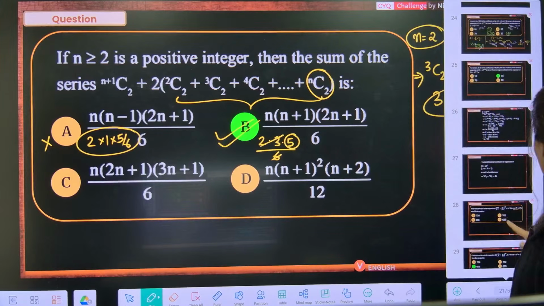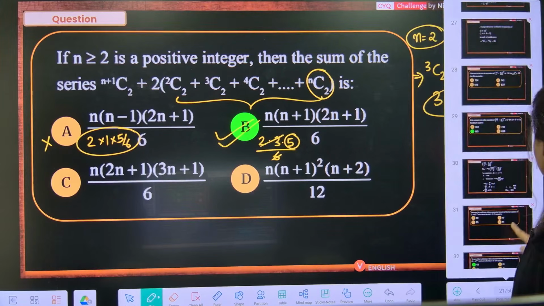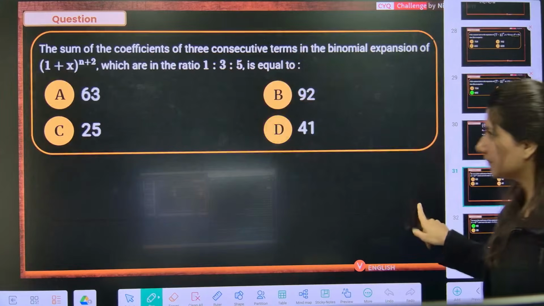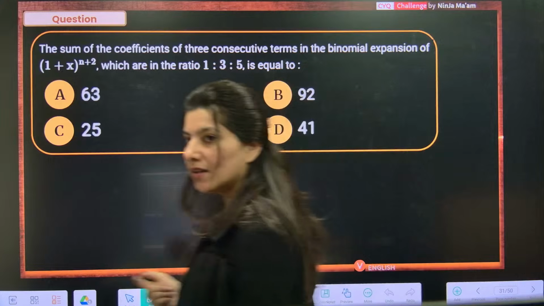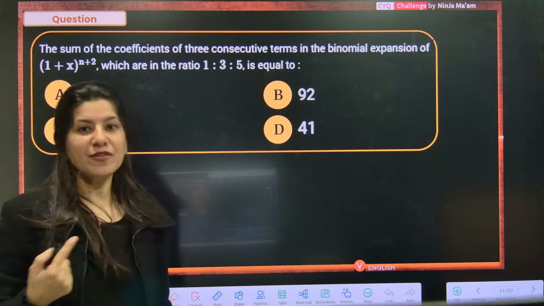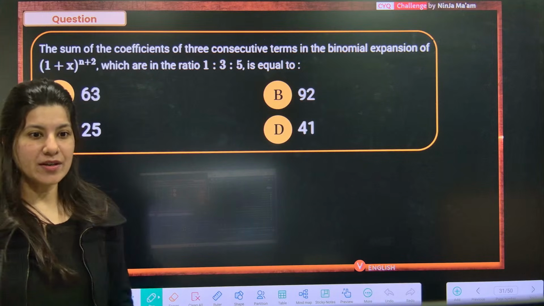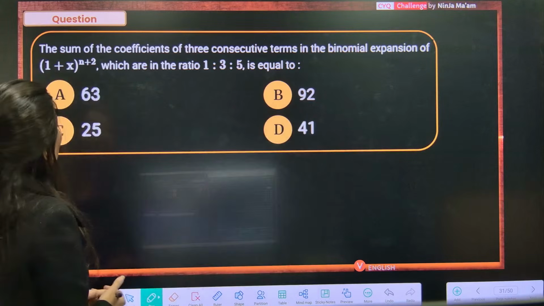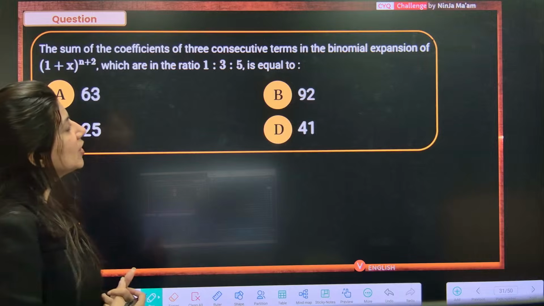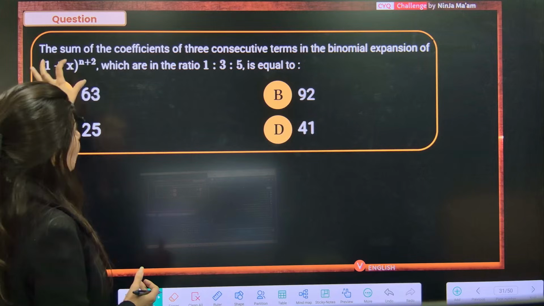Now, another question on your screen is this. Again, the ratio of coefficients will be required over here. Sum of the coefficient of 3 consecutive terms in the binomial expansion of this.